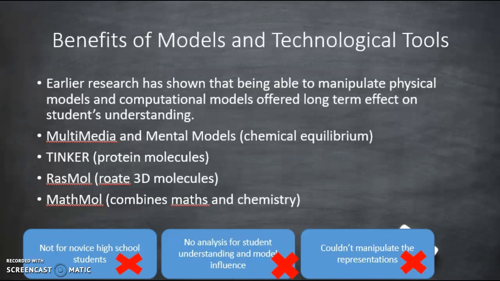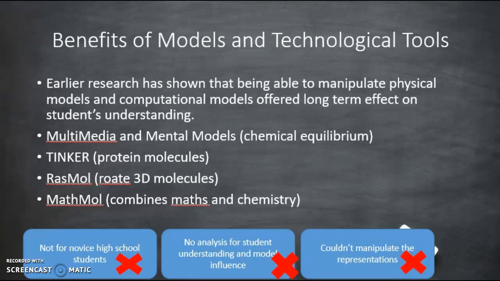There had been a lot of technological models or tools available in the marketplace. Multimedia and mental models, Tinker, RASMol, MathMol. But most of these were for college students and for professionals. None of them really focused on high school students.